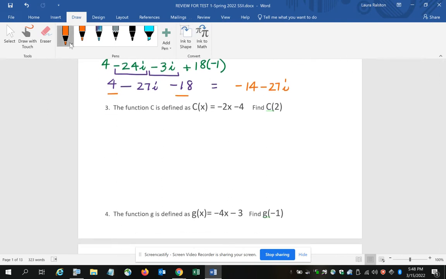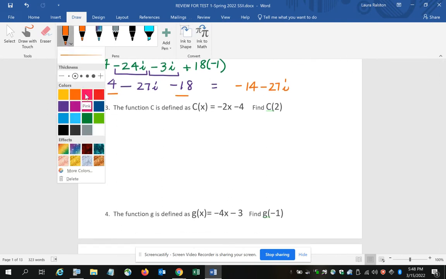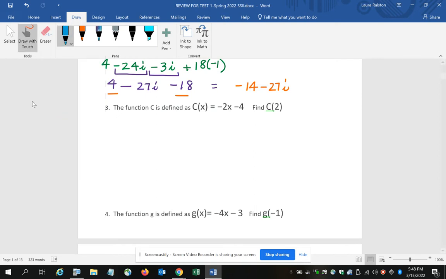Question 3 is a reasonably straightforward question. It gives you a function. The function c is defined as c of x equals negative 2x minus 4, and you're asked to find c at 2.